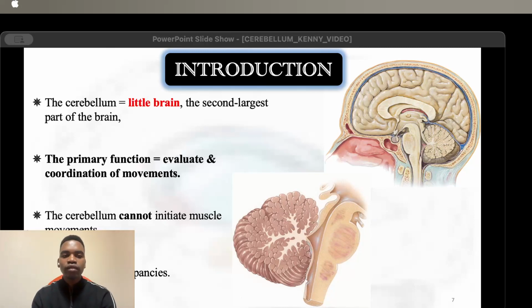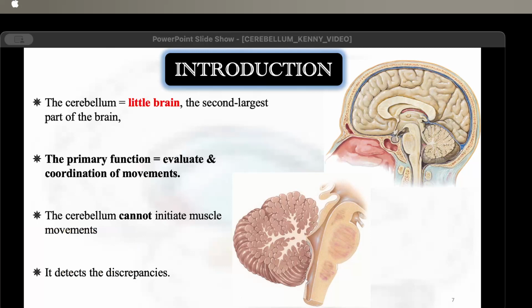So we already said that the cerebellum cannot initiate the movements of the muscles. What it does, it justifies, it proofreads, so it detects the discrepancy, because it compares the information that was given by the cerebral cortex with the movement that was initiated by the basal ganglia.